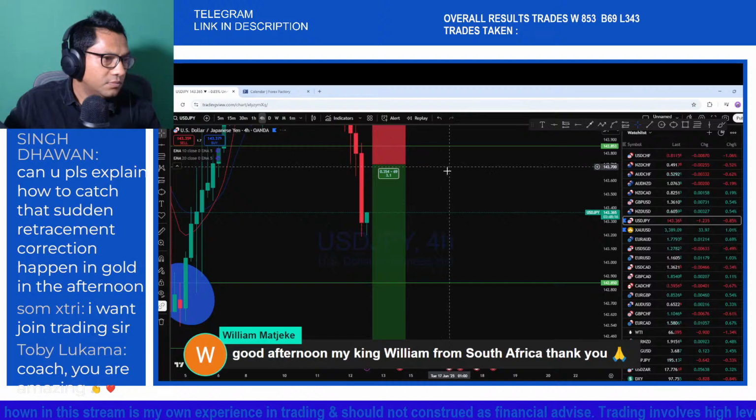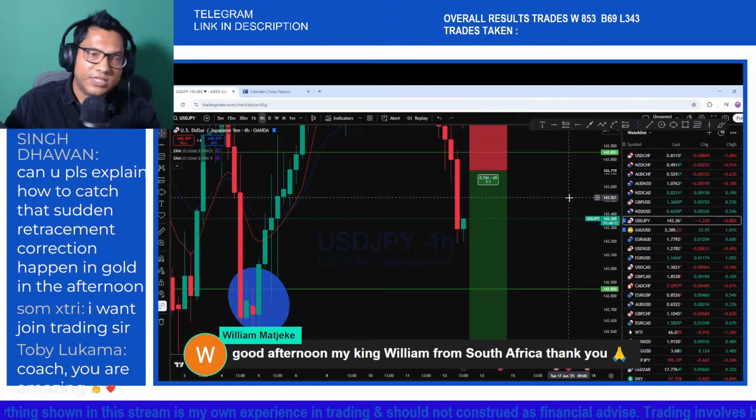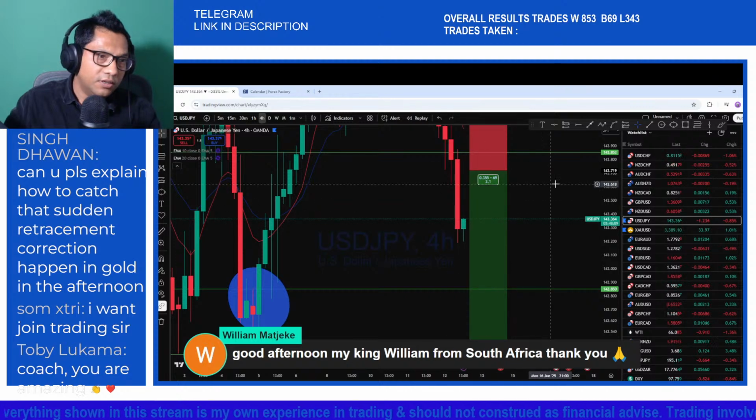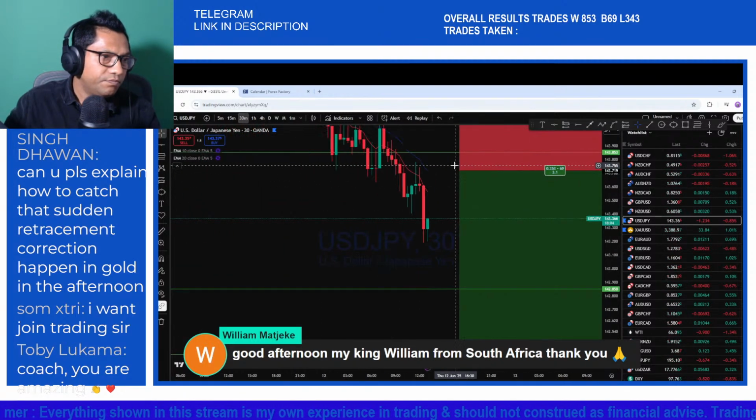You can see the market on dollar yen is in a pullback, and at any point we could see that rejection.